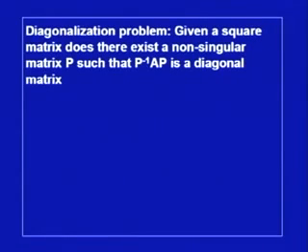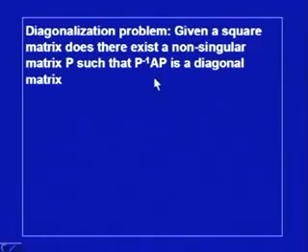Given a square matrix, does there exist a non-singular matrix P such that P inverse AP is a diagonal matrix? By this I mean to say that if I have a square matrix A, can I find a matrix P so that it is similar to a diagonal matrix, obtained as P inverse AP.